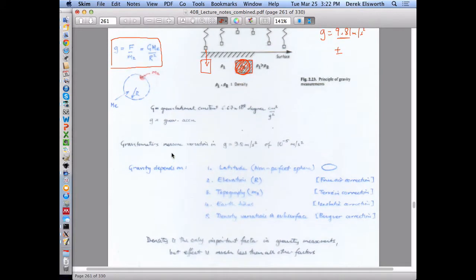And I guess this is the kicker here, right? It's trying to measure changes in this gravitational constant, which is 9.81 meters per second squared, to a millionth of that, right? 10 to the minus 5 meters per second squared is a millionth of this. So it's just trying to resolve those magnitudes.